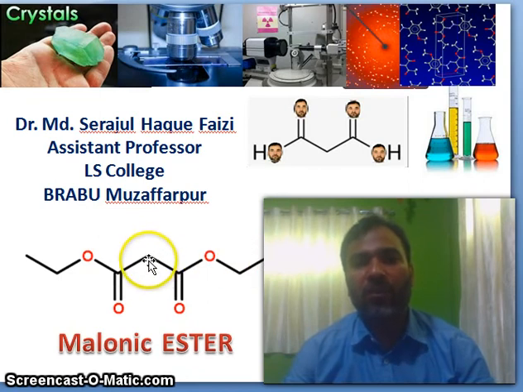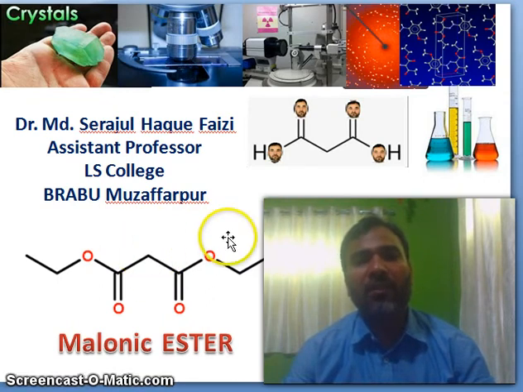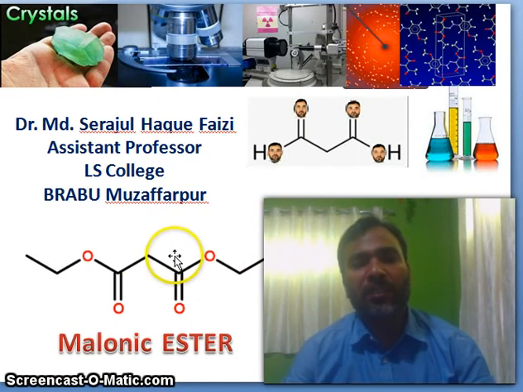So this proton is easily removed with the help of a base, and a carbanion forms. It can further attack any carbocation, meaning alkyl halides, forming monosubstitution and disubstitution products. On hydrolysis it gives the acid, and on heating it removes carbon dioxide, forming acid and substituted acids.